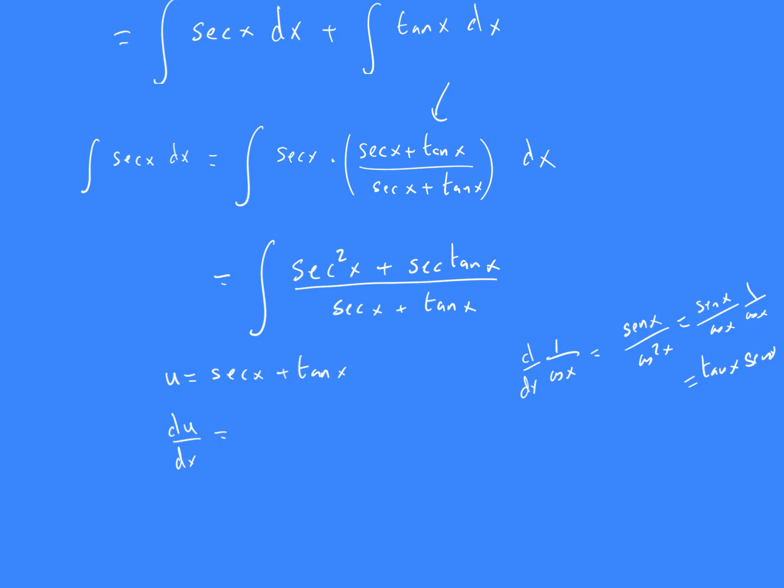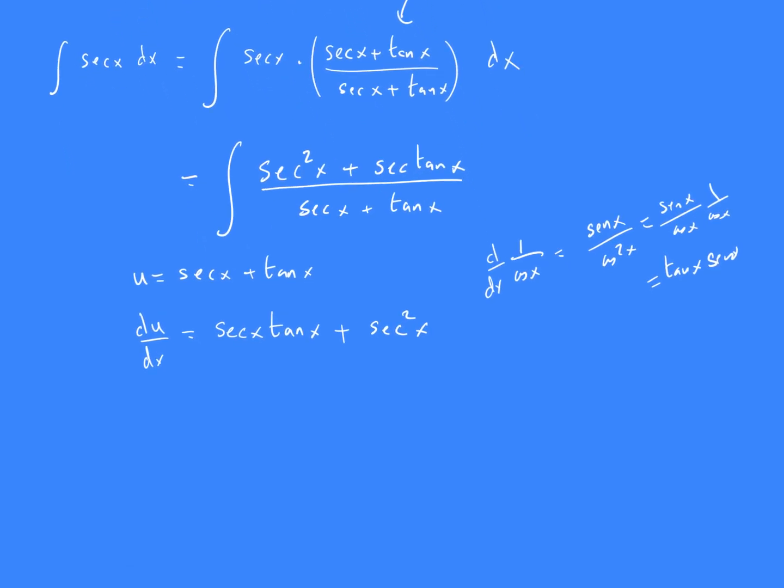Oh, but tan x secant x appears in the numerator, so the derivative will be secant x tan x plus the derivative of tangent x. The derivative of tan x is secant squared x.